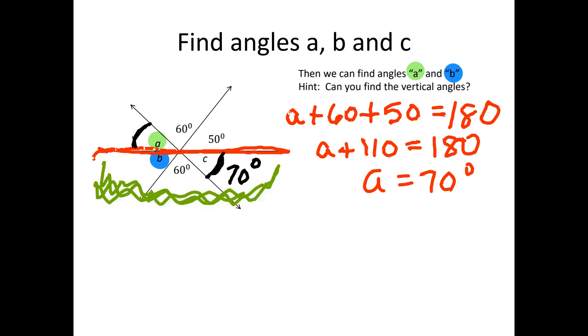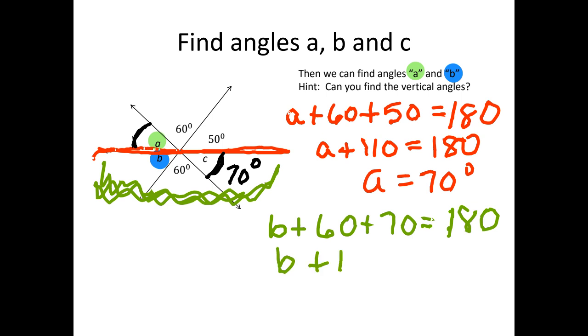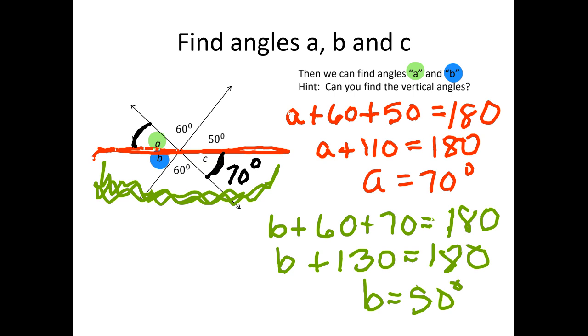B plus 60 plus 70 is equal to 180. B plus 130 equals 180. B is equal to 50 degrees. We found A and B.